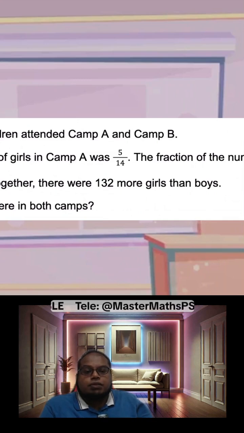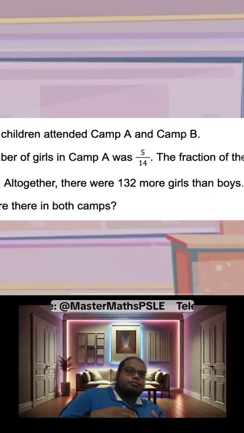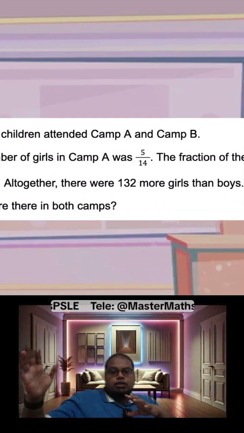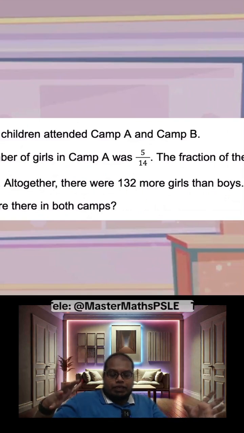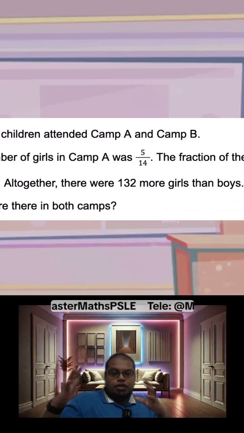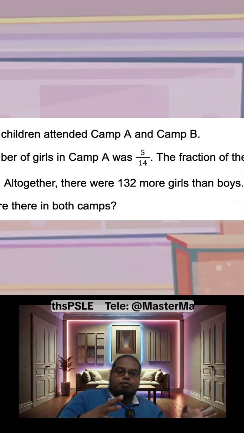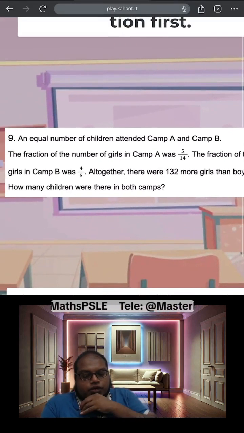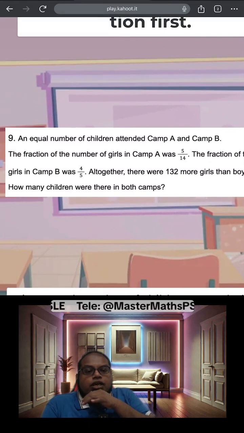So what does this mean, right? Is that the amount of girls combined in A and B is 132 more than the combined of the boys from A and B. And how many children were there in both camps?